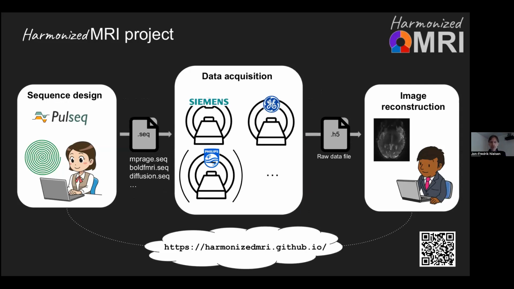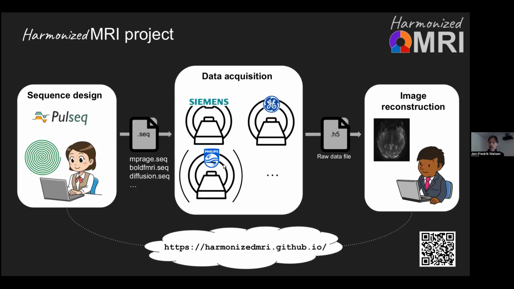So that brings us to what we have named the Harmonized MRI project. This is a broad overview. I realize for the audience, I'm blocking the URL there, but hopefully you on Zoom can see that. The idea is to use Pulseq to design the sequence, and that will create the sequence file for whatever application you have in mind. And then we acquire data. At the moment, it's fully supported on Siemens and GE.